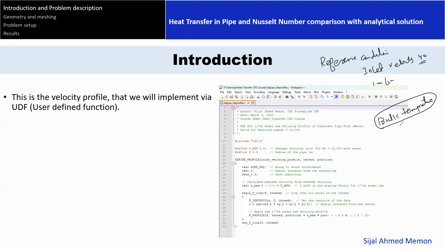That is my reference temperature that will never change, so I can rely on it. But in internal flow, I cannot rely on the inlet temperature, because it will go through a lot of variations inside the boundary layer.